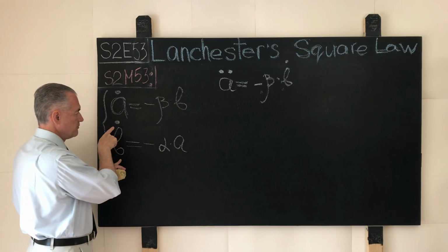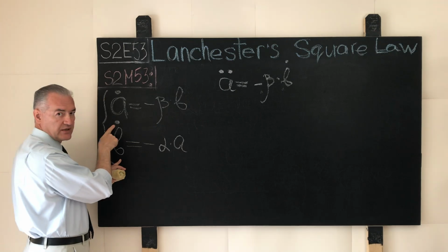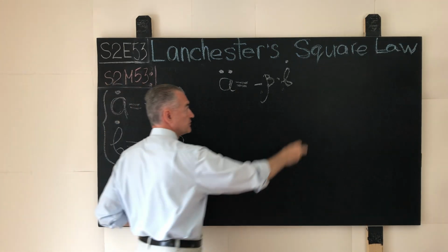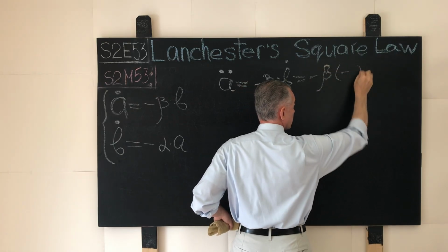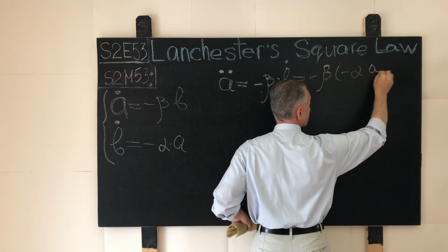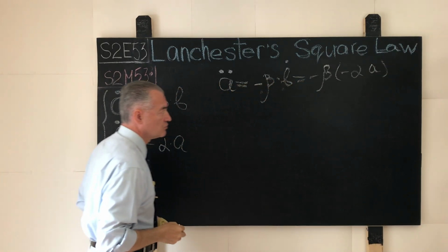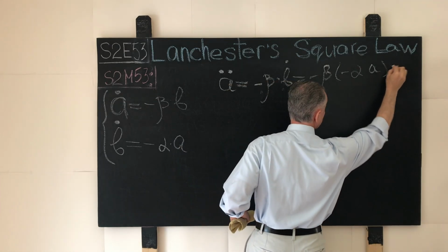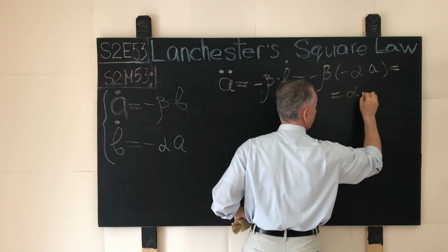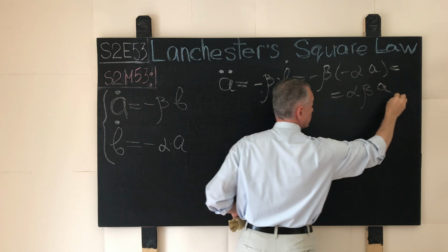Instead of b, first derivative of b, we take its right-hand side image, and what do we have? Minus beta times minus alpha a, and what do we have here? Minus and minus cancel out, and what do we have? We have alpha beta a.